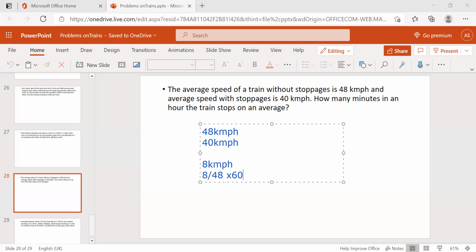Cancel: 6 eights, 6 tens is 10 minutes. So each time, the train is stopping 10 minutes each station.